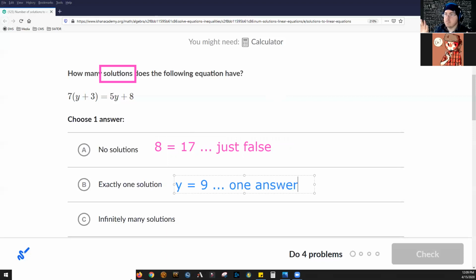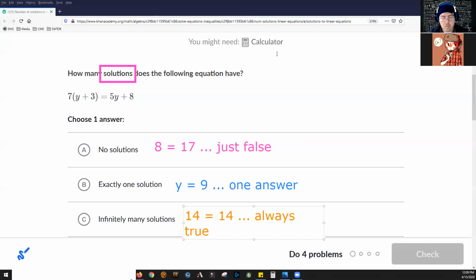We have one answer, so that works. Now, the signal for infinite solutions is when we get something like 14 equals 14, where it's always true. So those are going to be our three signals we're looking for.